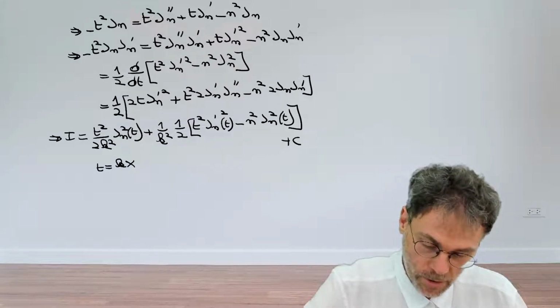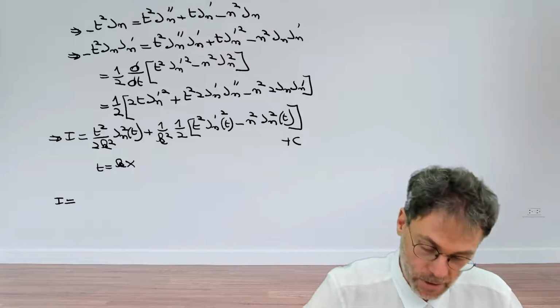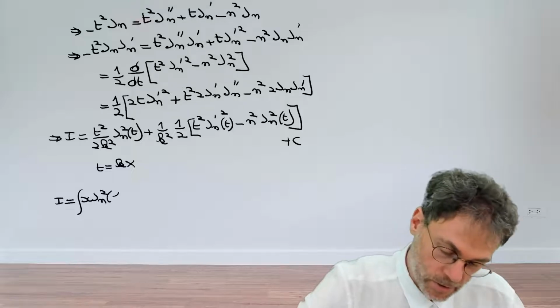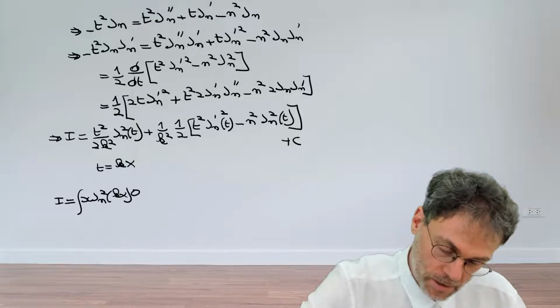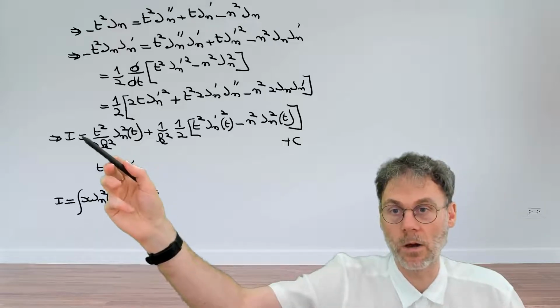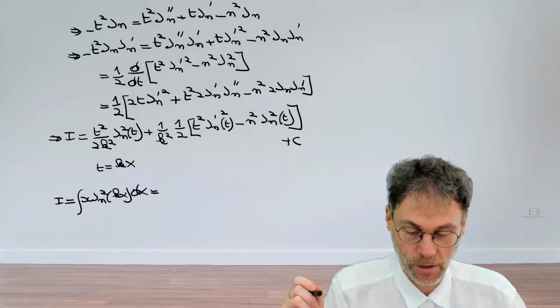So the integral here, so remember the definition of the integral that we were interested in was the integral x jn squared kx dx. So this was again the definition. And now we look back at this thing here and we make the substitution back to kx.